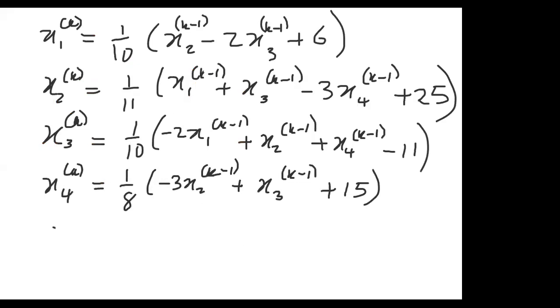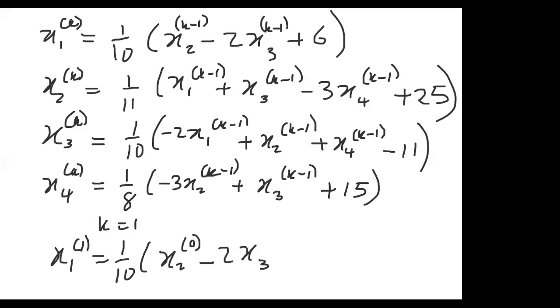So from here, let me do the first iteration. When k is equal to 1, then what will I have? I'm going to have x1(1) equal to 1 over 10 times x2(0) minus 2 x3(0) plus 6, right?